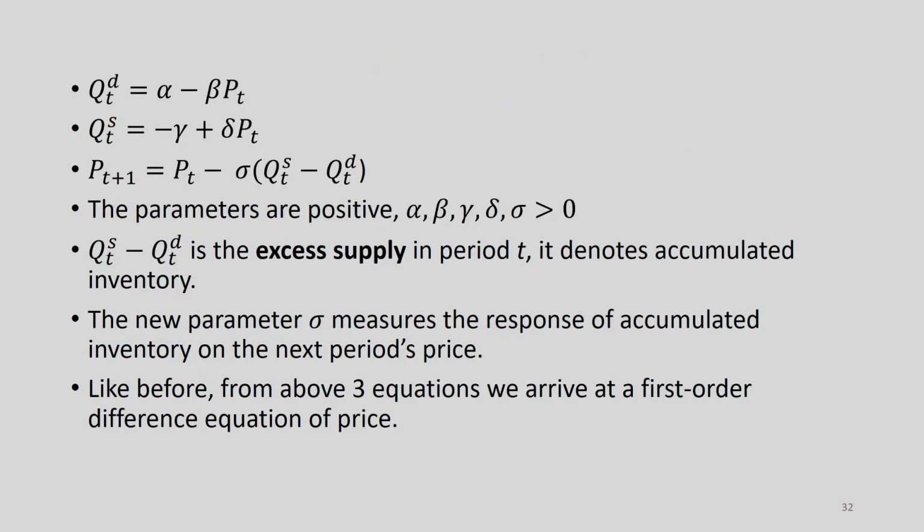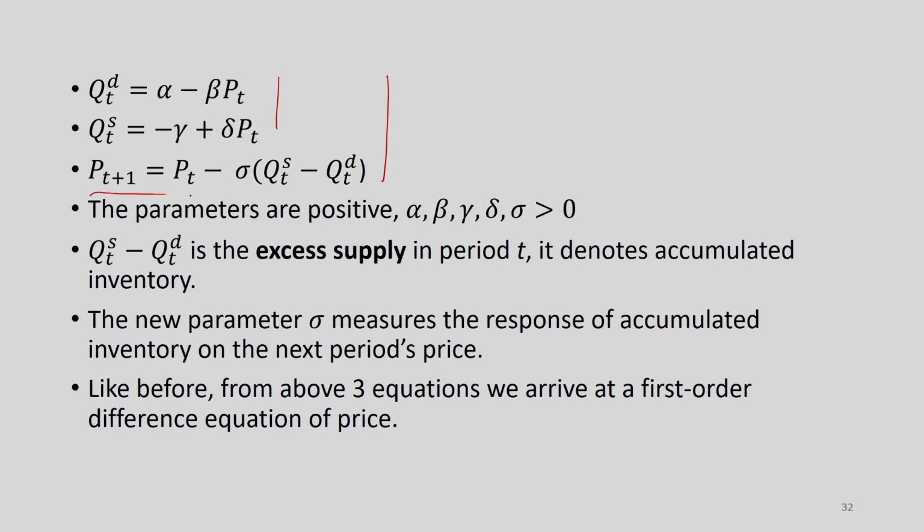The model is as follows. So, these are the three equations: Qdt is equal to alpha minus beta Pt, Qst is equal to minus gamma plus delta Pt. So, you can see there are no lags there, and finally, Pt+1 is equal to Pt minus sigma multiplied by (Qst minus Qdt).